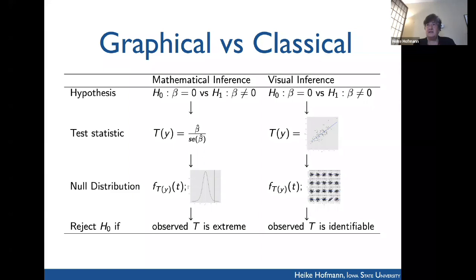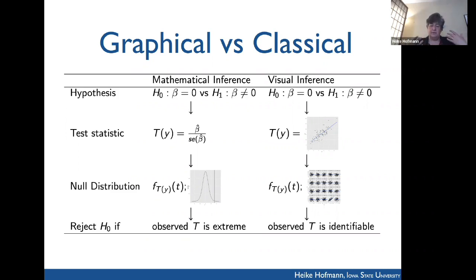And then we reject our null hypothesis if what we've observed in the test statistic is more extreme than a certain threshold. So we do something similar when we are in visual inference. What's different is how we're declaring the null distribution.